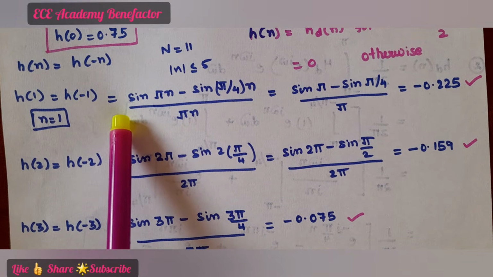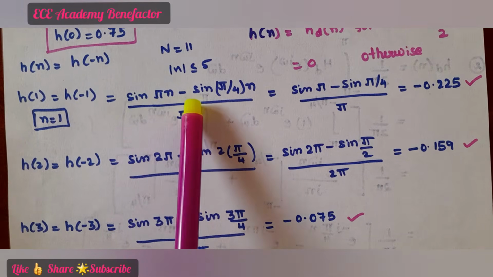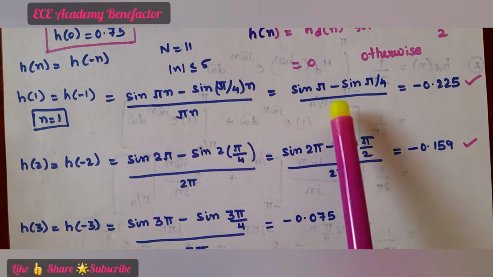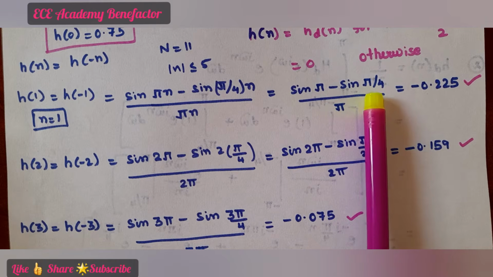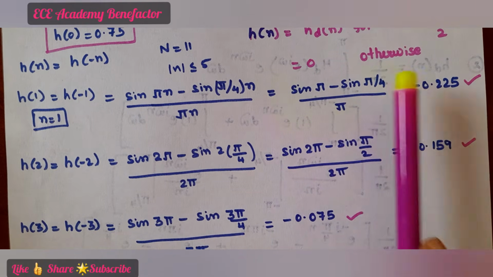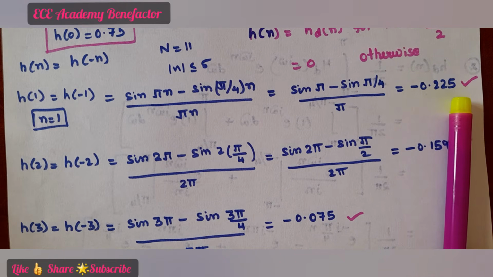So, we substitute n value as 1 in (sin pi n minus sin pi by 4 n) by pi n. We get sin pi minus sin pi by 4, by pi. On simplifying this, we are getting minus 0.225.